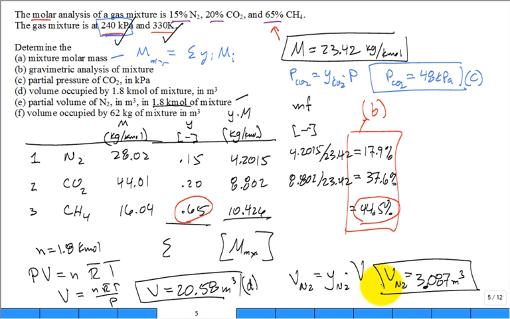Okay, last part. What is the volume occupied if you had 62 kilograms of the mixture? So you could go back to ideal gas equation. You could go PV equal to M R bar divided by the molar mass of the mixture, T. Would that work?